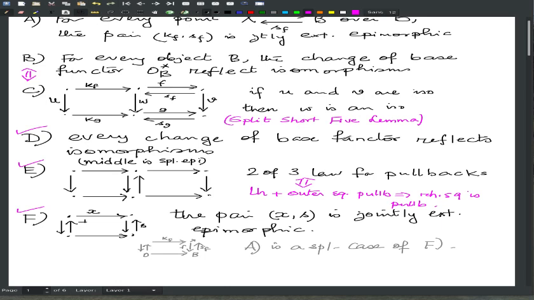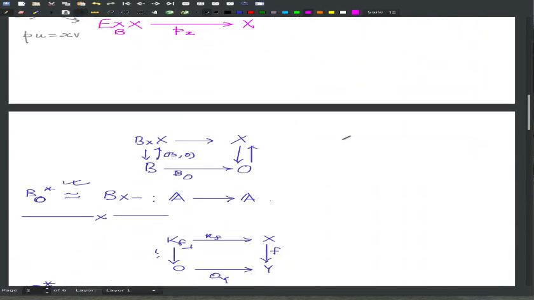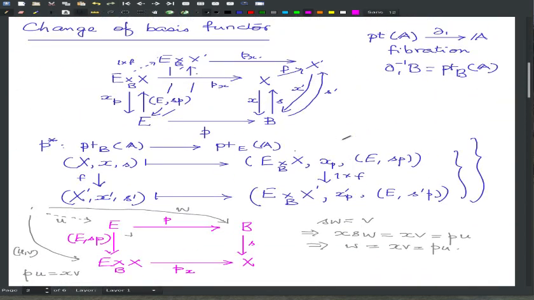So the change of base functor, remember, is a special case again. This functor is a special case of the pullback functor, right? Yes, it's a special case of the pullback functor.